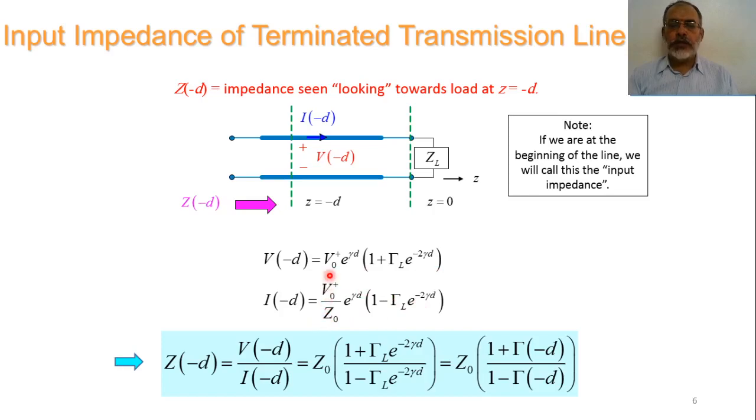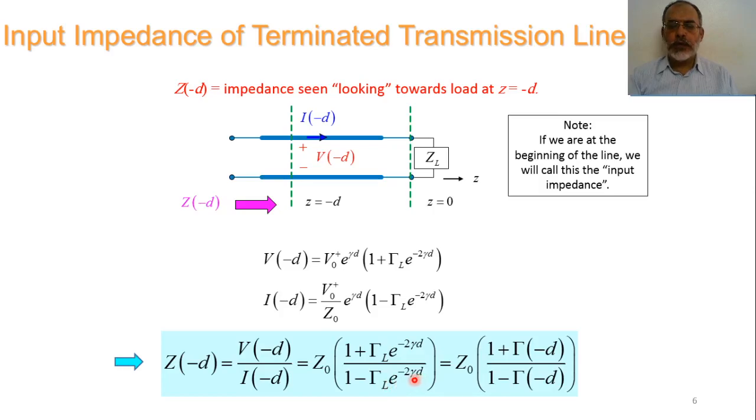In this case, this v naught plus will be eliminated with this v naught plus. This e to the power gamma d will be eliminated with e to the power gamma d. And this z naught would be the denominator of the denominator, so it would be in the numerator. So it would be z naught multiplied by 1 plus gamma L e to the power minus 2 gamma d over 1 minus gamma L multiplied by e to the power minus 2 gamma d.